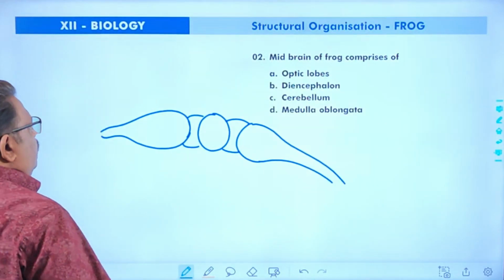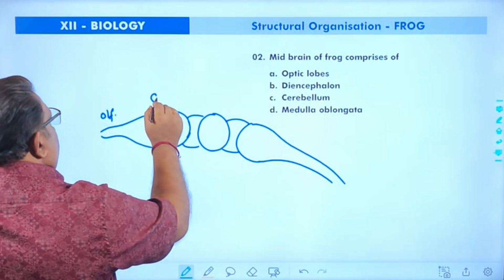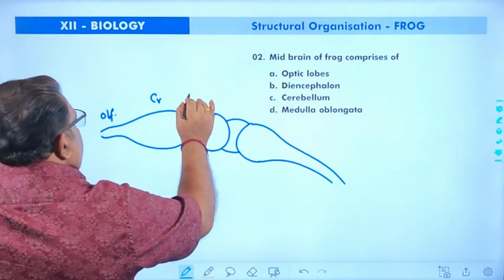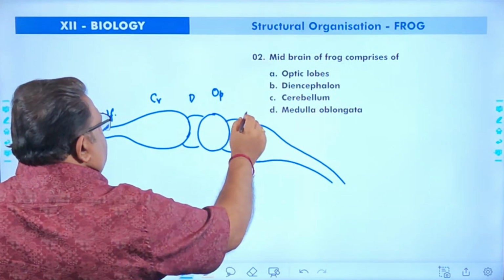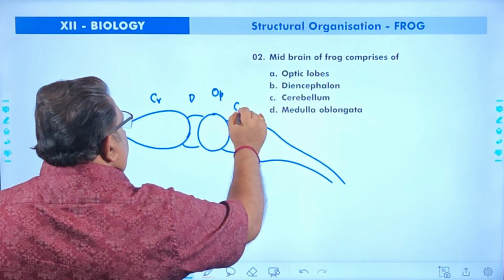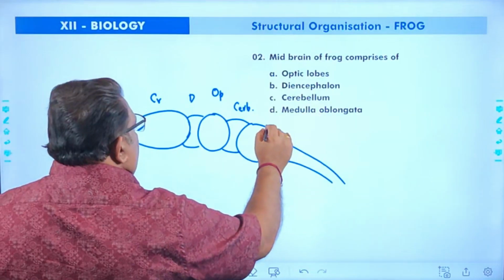Okay. So this is the olfactory lobe. These are cerebral hemispheres. This is the diencephalon. These are optic lobes. This is the cerebellum. And the last one is called medulla oblongata.